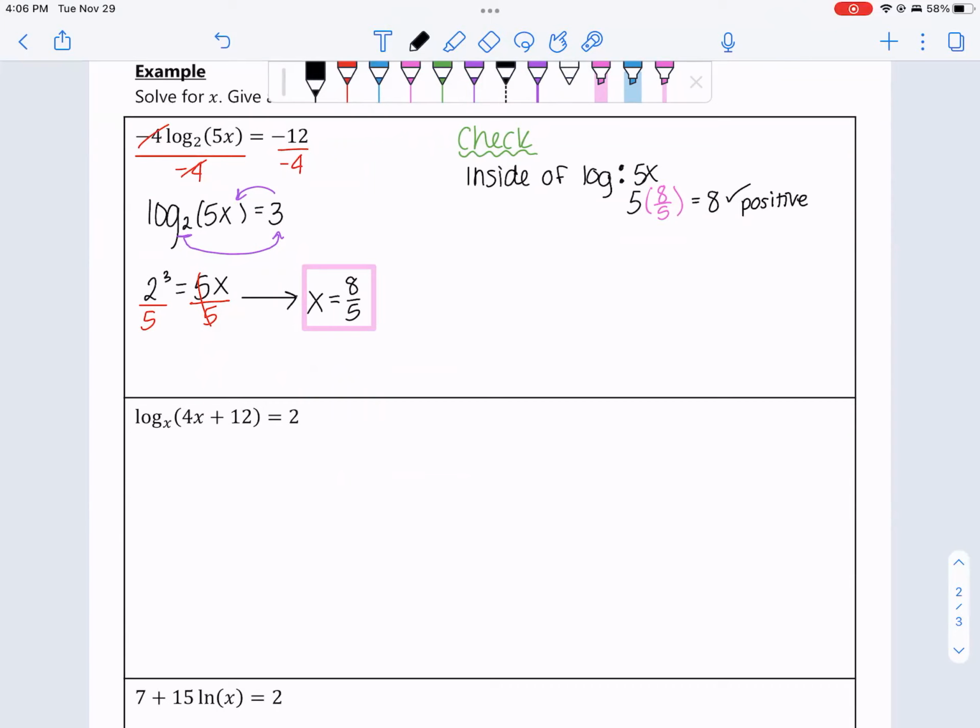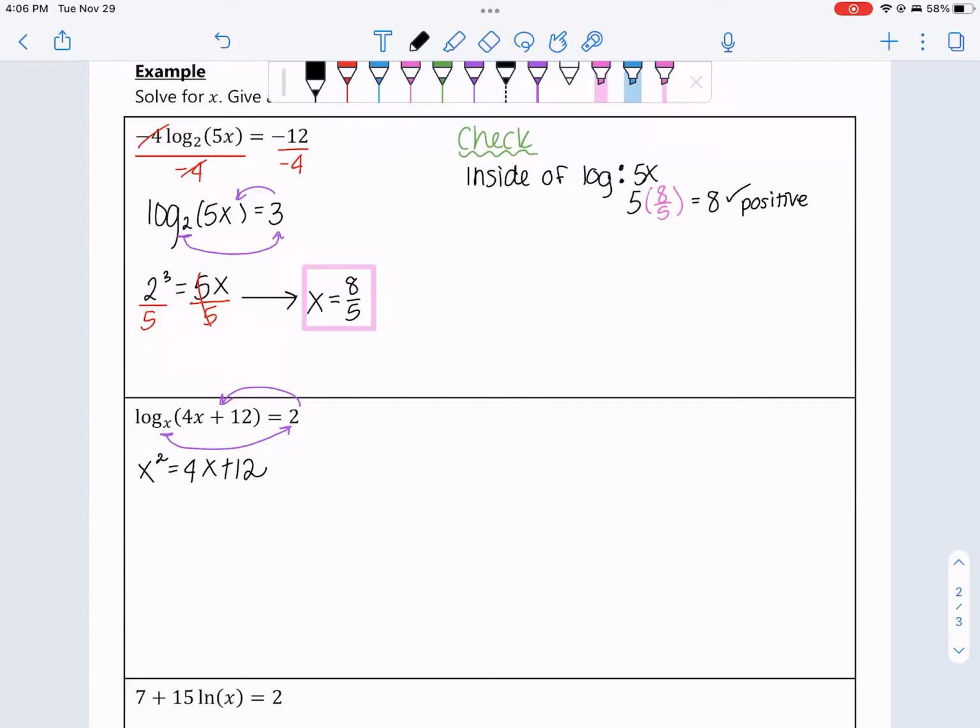All right, this is already in the form log equals a number. So I'm going to go straight to my loop-de-loo. Start at the base, across the equals, back again. We get x squared is equal to 4x plus 12. Right now, I have a quadratic equation. Right? I have an x squared, I have a 4x.